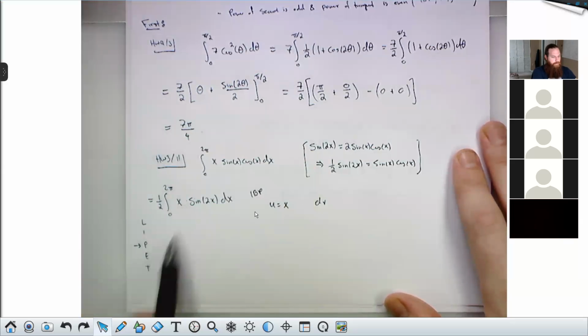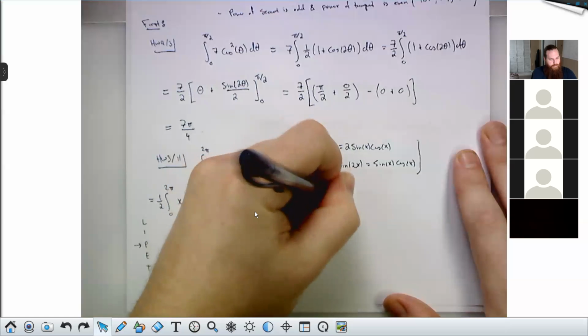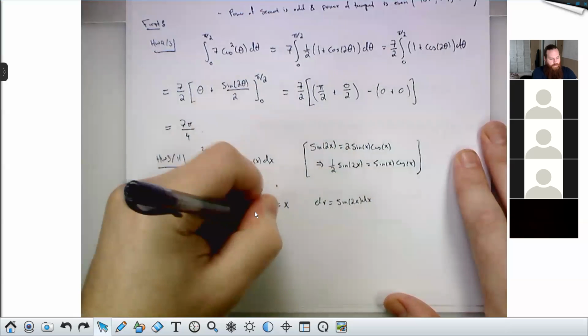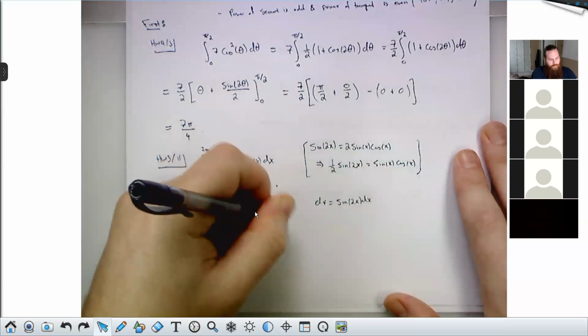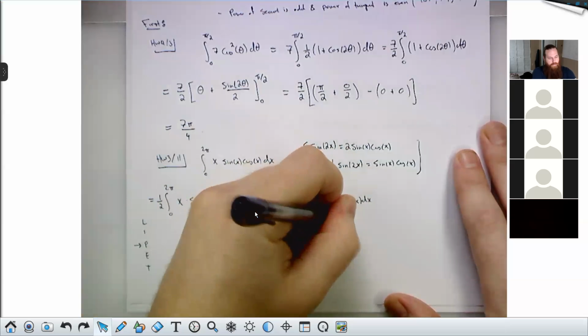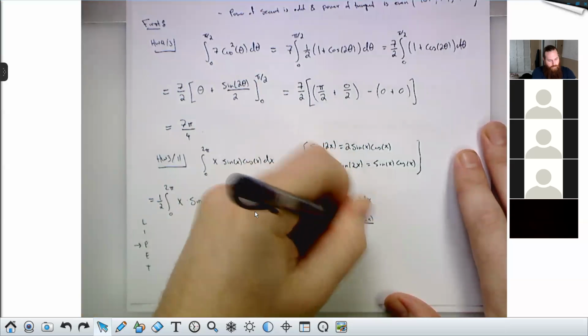So I'll pick u to be my polynomial, and dv to be everything else. That's sine 2x dx. Then du is just dx, and v is the integral of sine 2x. That's negative cos 2x over 2.